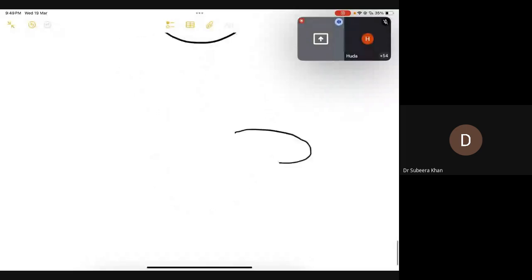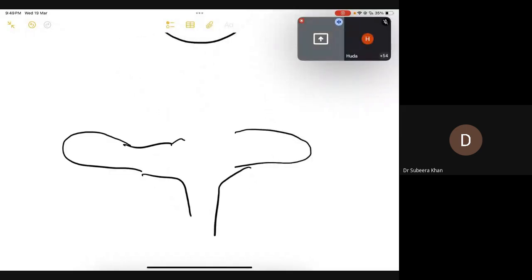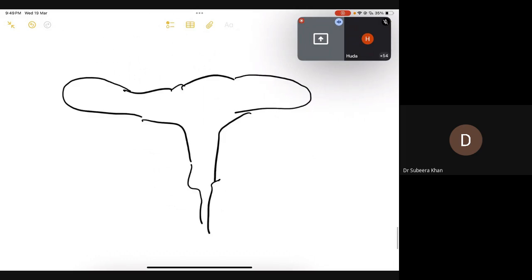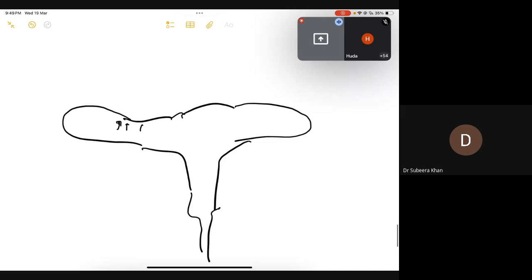In the lateral ventricles, you have the third ventricle and your cerebral aqueduct. This increased pressure within the CSF would compromise the corona radiata. What are corona radiata?